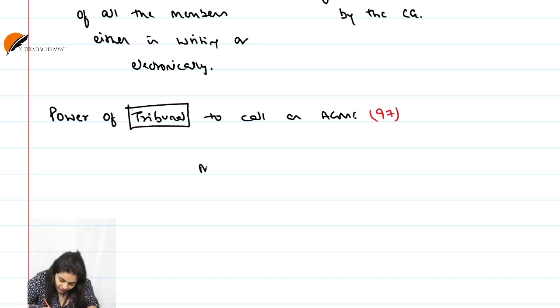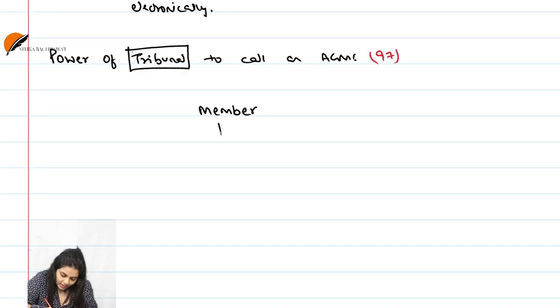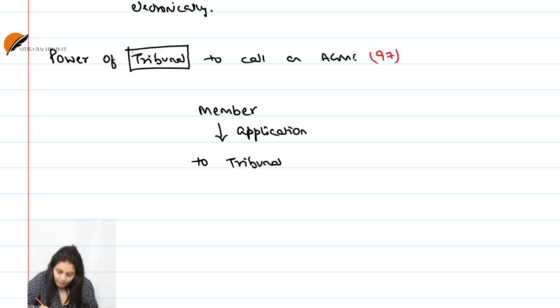If the company does not call its AGM, the member can make an application to the tribunal that the company is not calling the meeting.